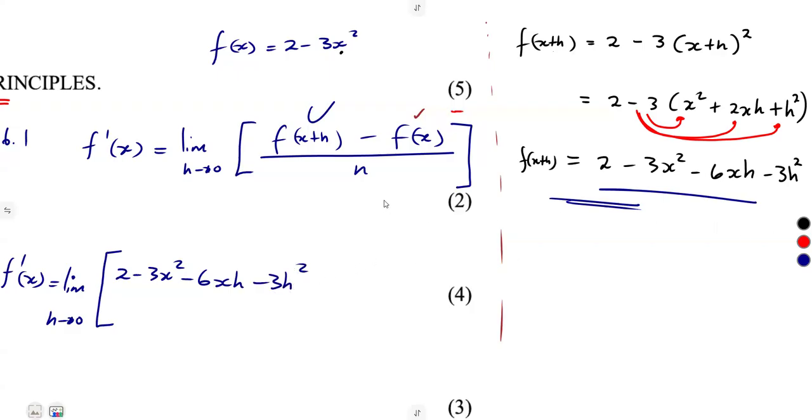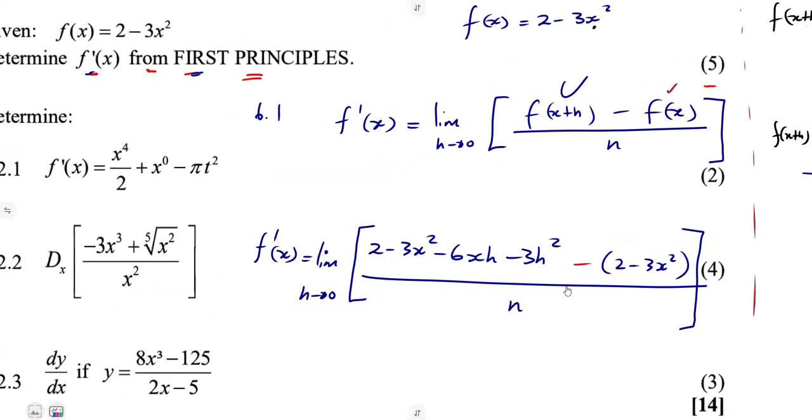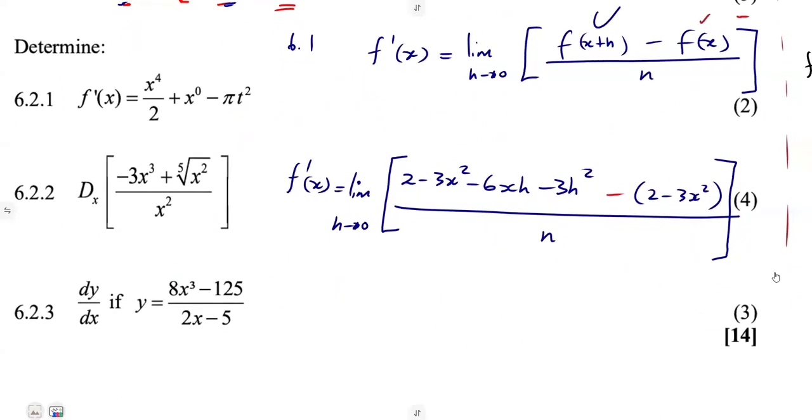That's your f of x plus h, minus f of x, the original function that you are given here, 2 minus 3x squared. So put that in bracket so that you affect each and every term by the negative. So that is the whole idea, guys. All right, so let us expand our bracket.